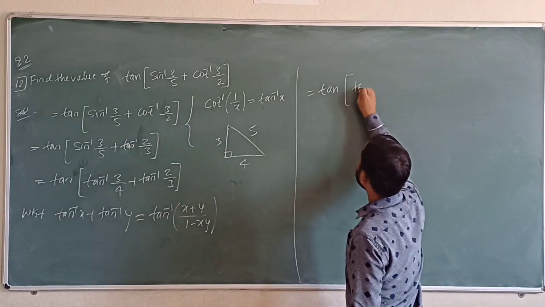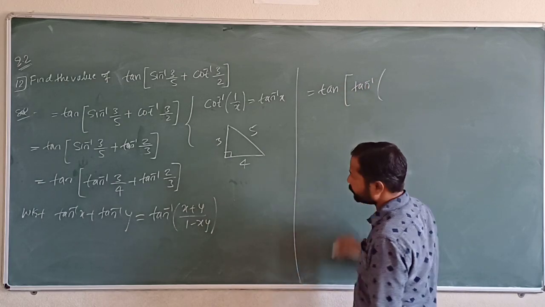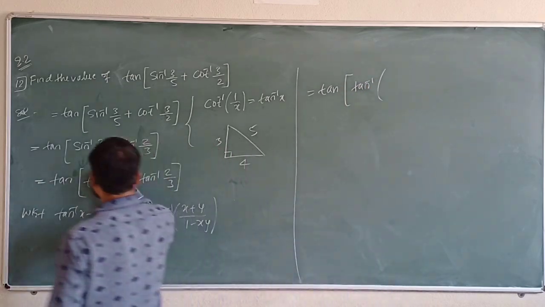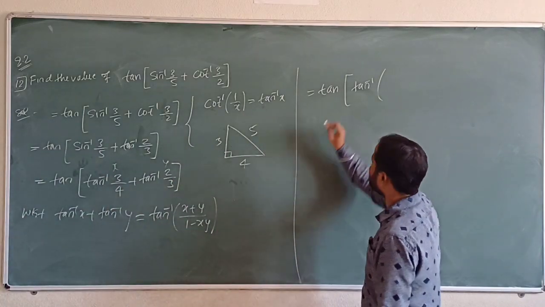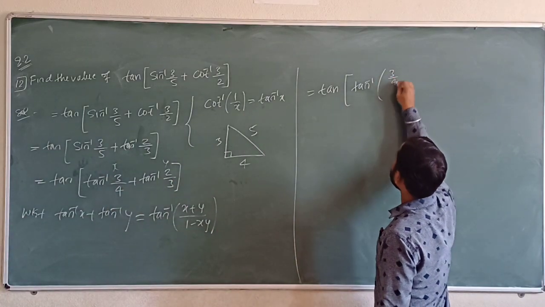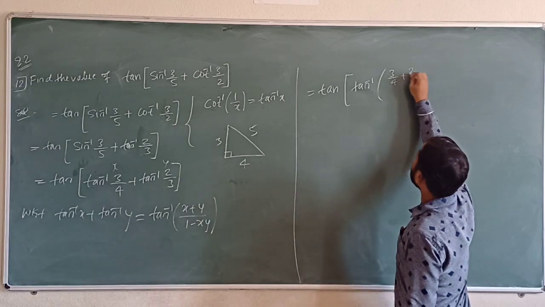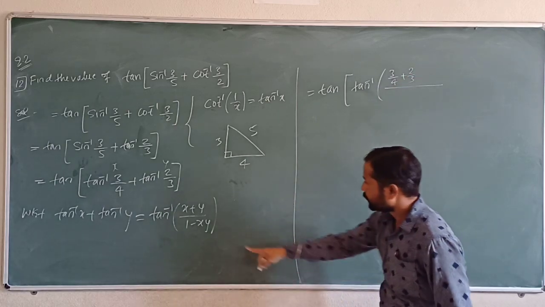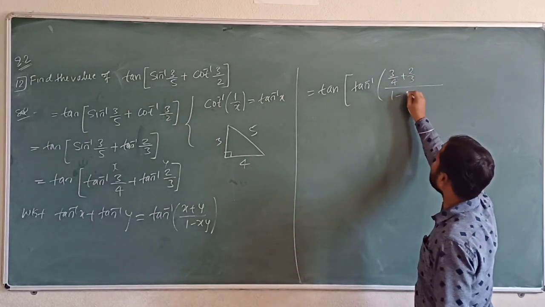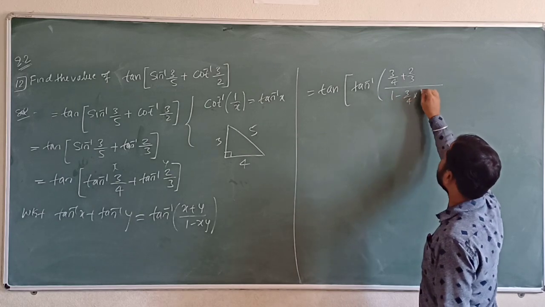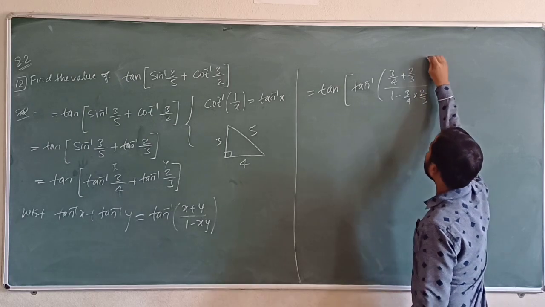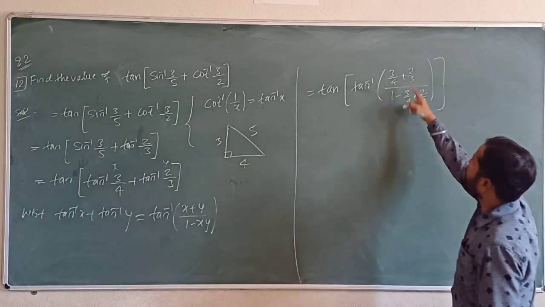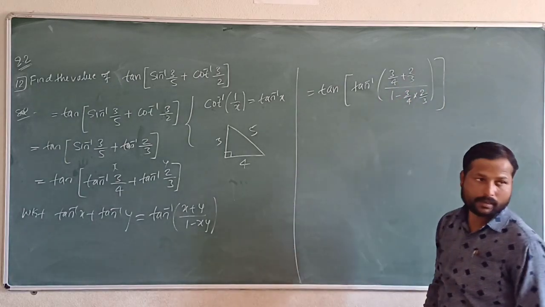Tan inverse of x plus y divided by 1 minus x into y. Right? It is tan inverse of x plus y over 1 minus x y. Here x is 3 by 4 and y is 2 by 3. So, whole divided by 1 minus x into y, that is 1 minus 3 by 4 into 2 by 3. Correct?